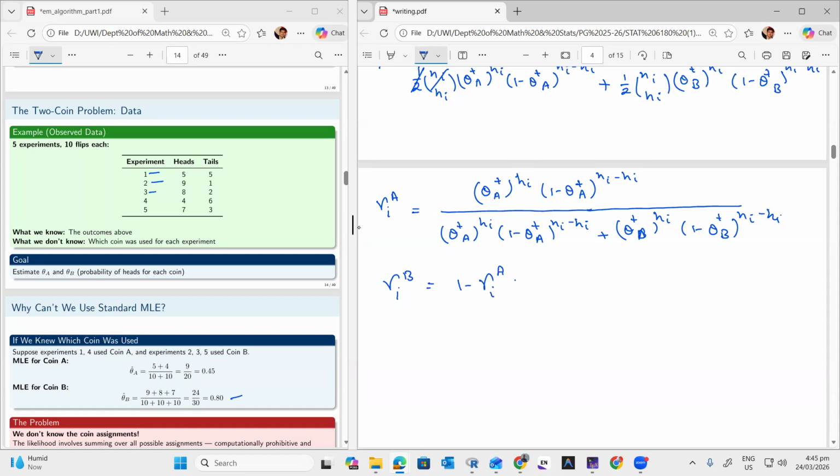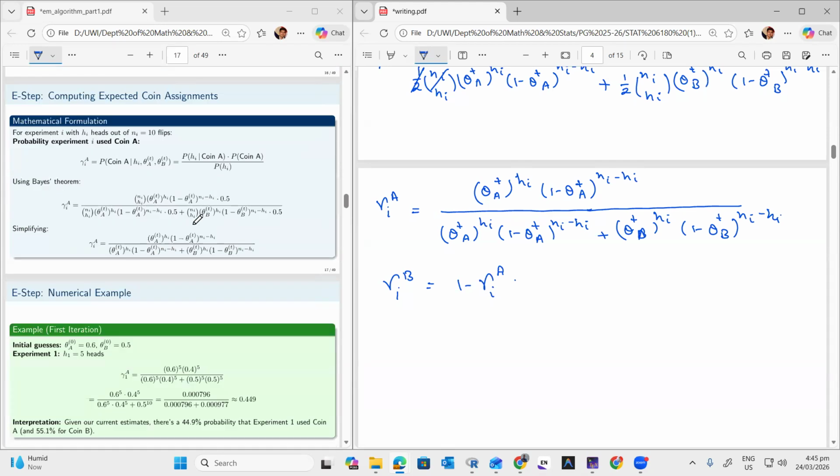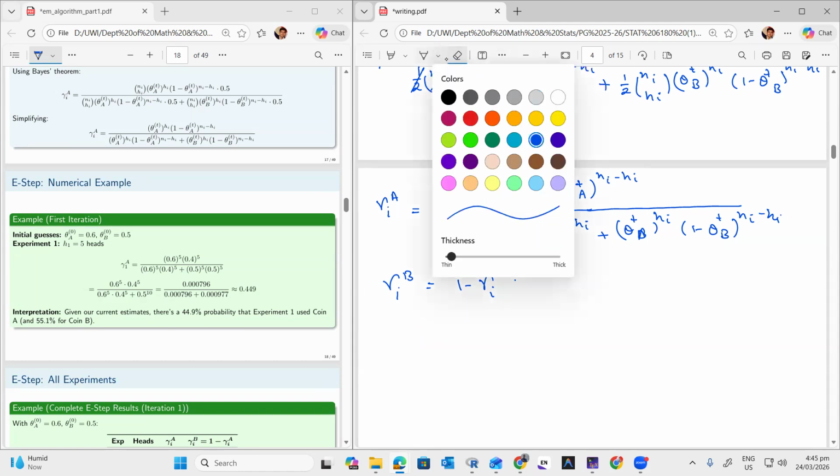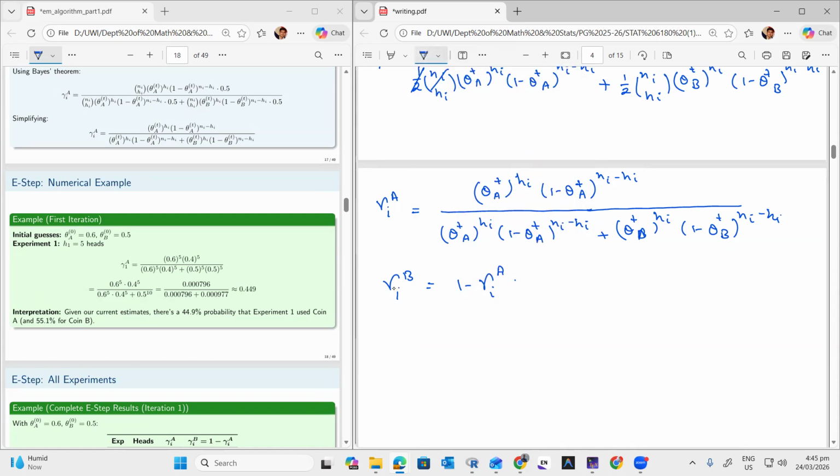So now we will go for the numerical portion of the E step. Okay, this is the E step that we got here. We will check what gamma Ia will be. Before going to that, we are going to assume the initial values, because we need to do this with repetitions.